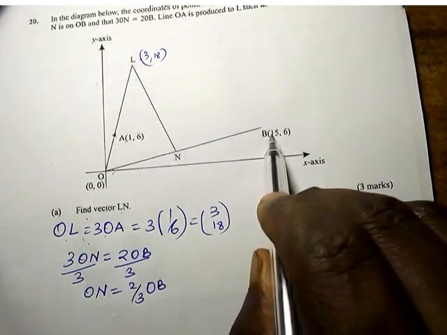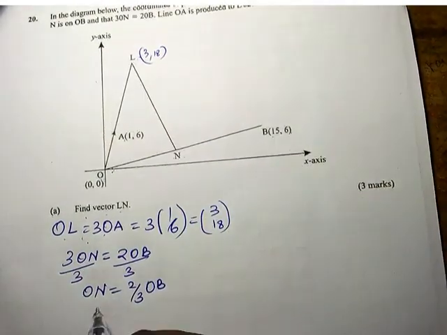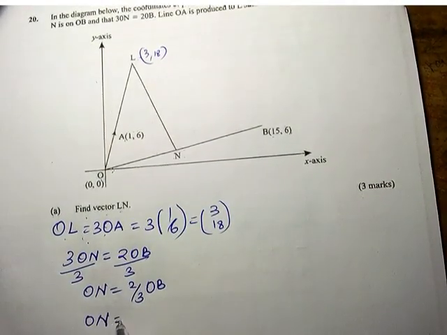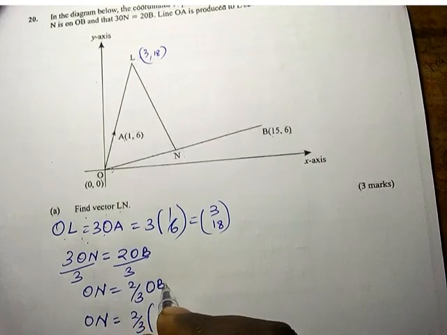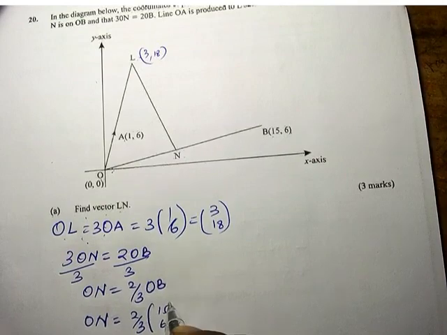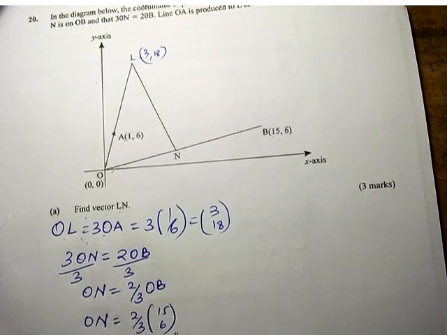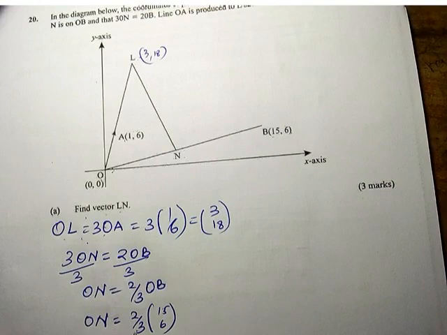But OB is (15, 6). So it means that ON is equal to 2 over 3 of (15, 6), and this is equal to (10, 4). That is ON.